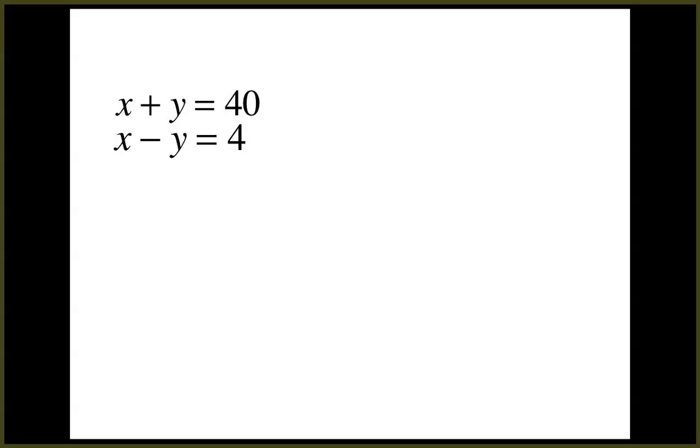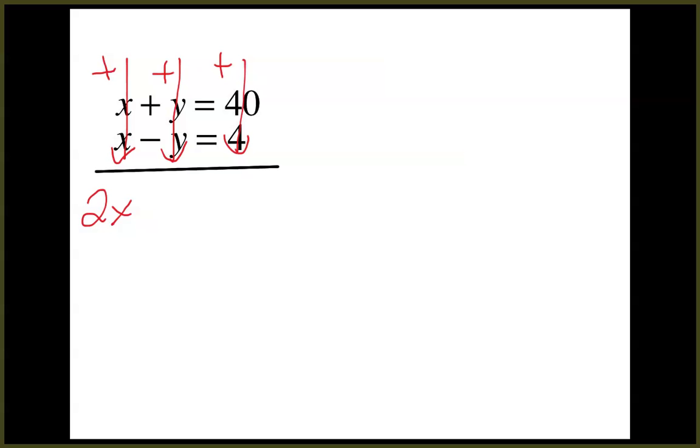We can basically just take this whole thing and add this way. X plus x is 2x. And then add this way, and then add this way. But what happens when you do y plus negative y? 1y plus negative 1y actually cancels the y's out.